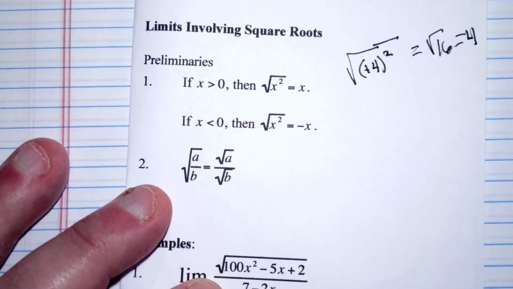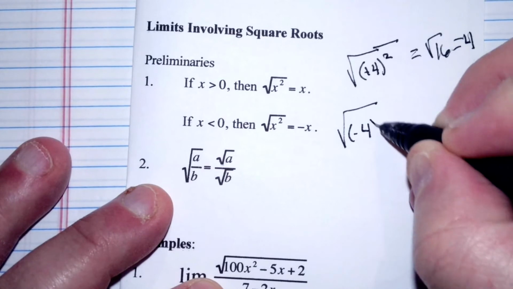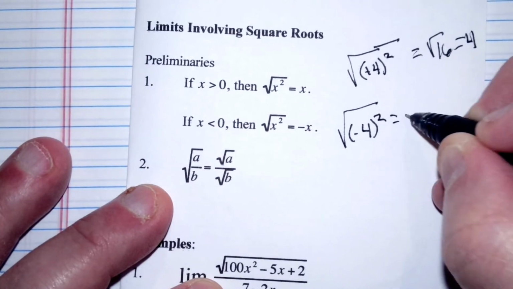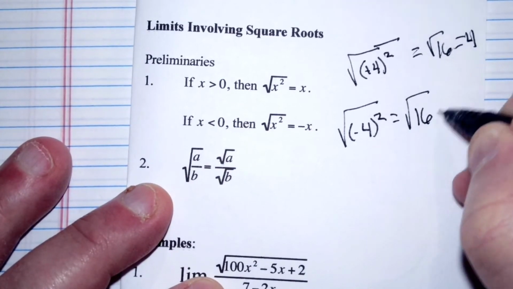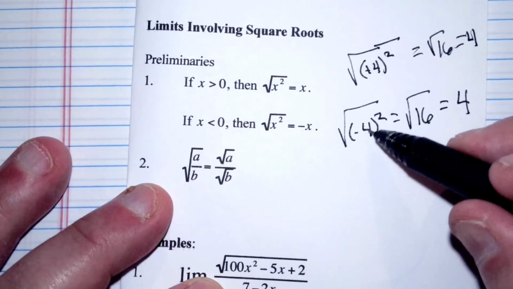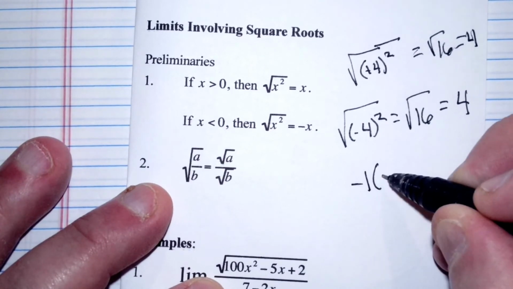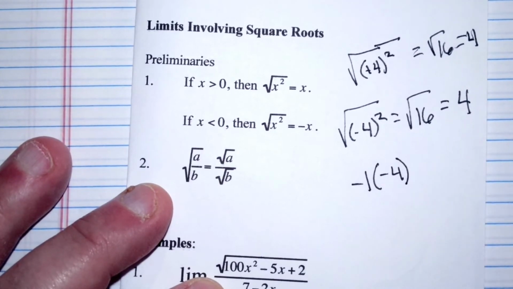And if x is negative, then radical x squared is equal to negative 1 times x. So for instance, if we had negative 4 squared, that's still going to be radical 16, which is 4, which is not the same thing as this negative 4 we had here. In fact, it's actually negative 1 times negative 4.